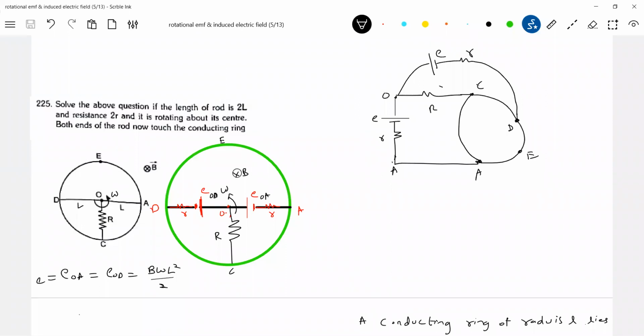So now C, D, E, all are common points, no? Because there's a conducting ring, make them one common point. And if you redraw the circuit, it will appear simple, like this. There's a resistor.